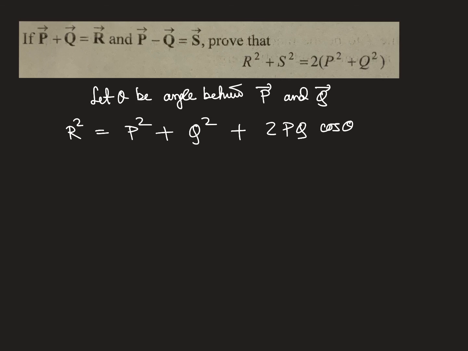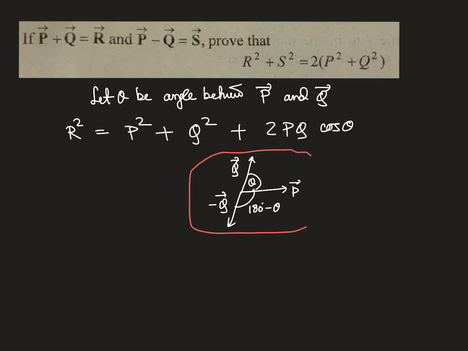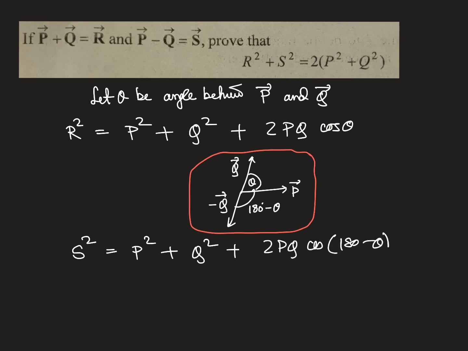So if the angle between P and Q is theta, then the angle between P and minus Q is 180 degrees minus theta. Okay. So now S square is equal to P square plus Q square plus 2PQ cos of 180 minus theta.